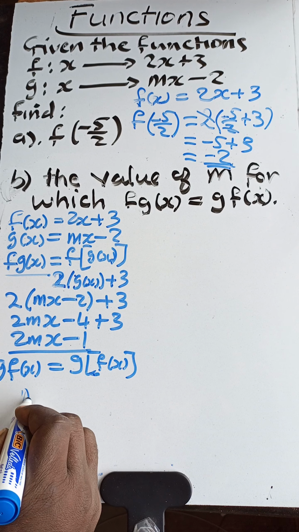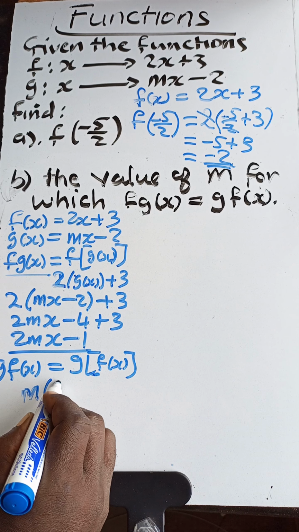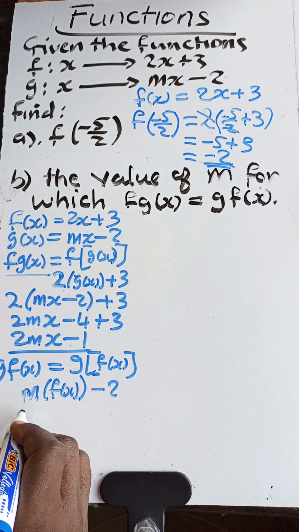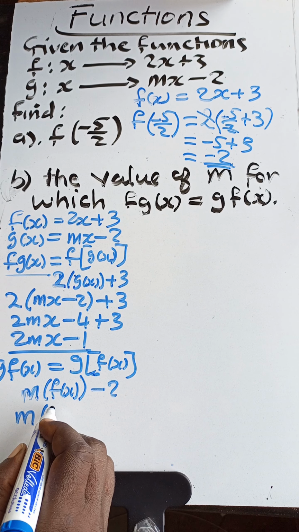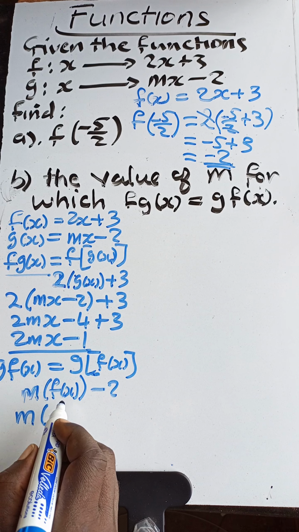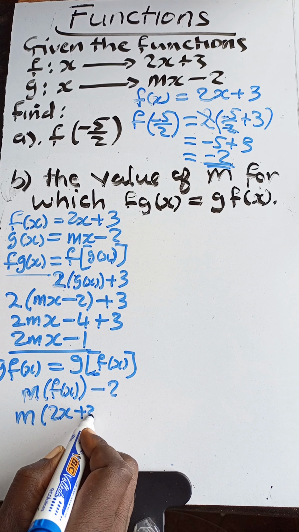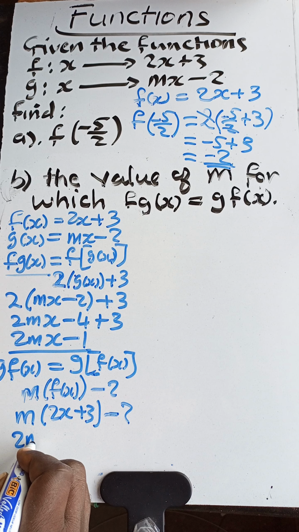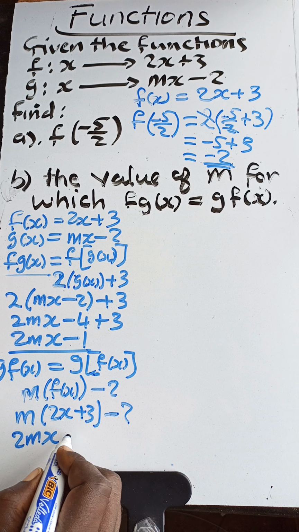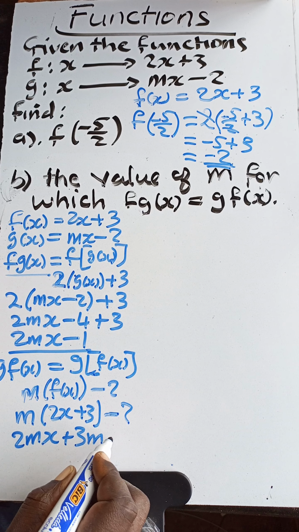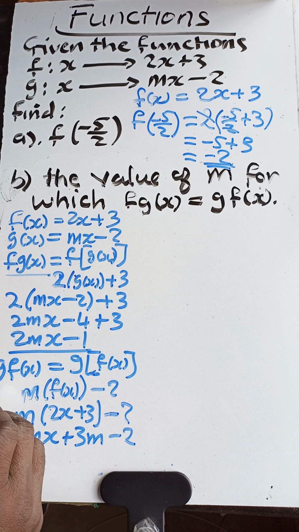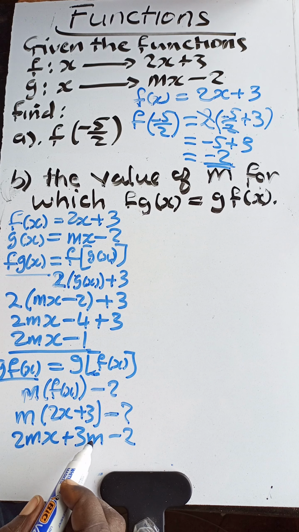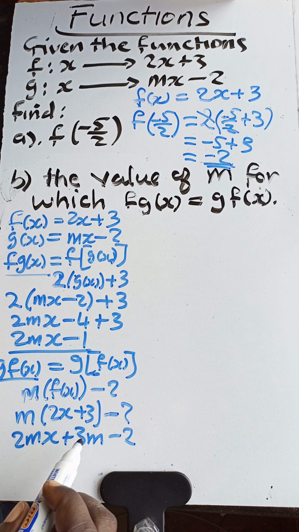That gives m into f of x, which is 2x plus 3, minus 2. This gives us 2mx, when we open this bracket, plus 3m minus 2. Therefore, gf of x is 2mx plus 3m minus 2.